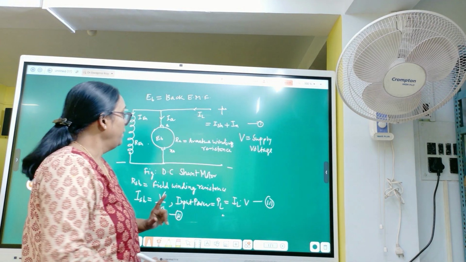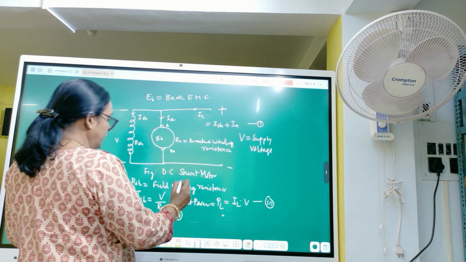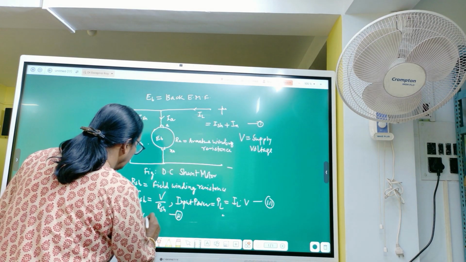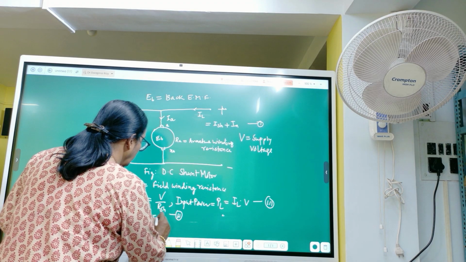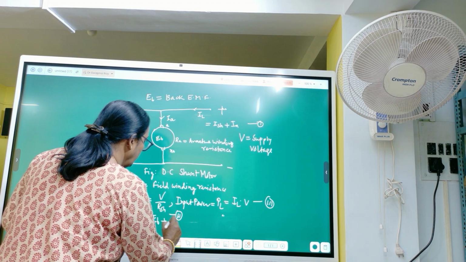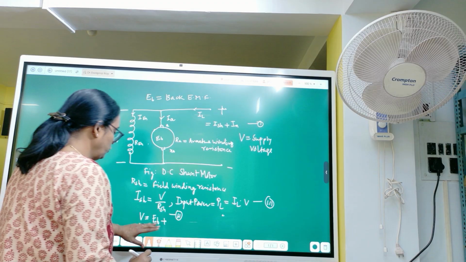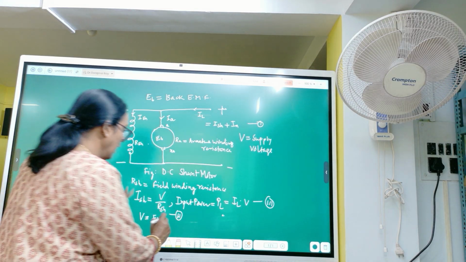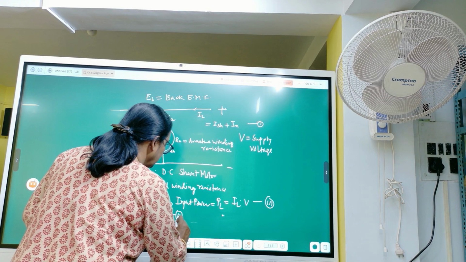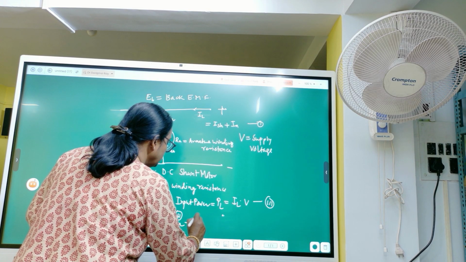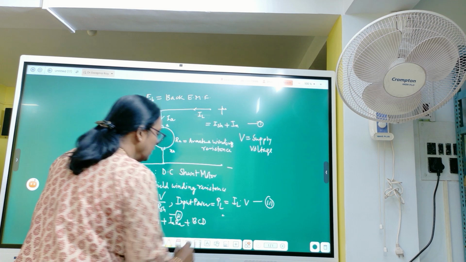Another equation is there. The terminal voltage V is equal to back EMF plus IARA drop inside the armature plus BCD.